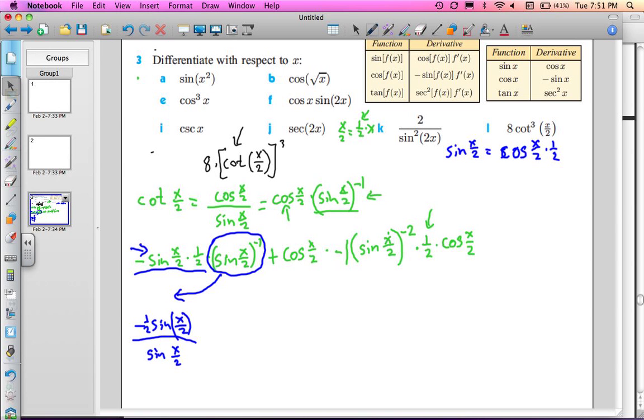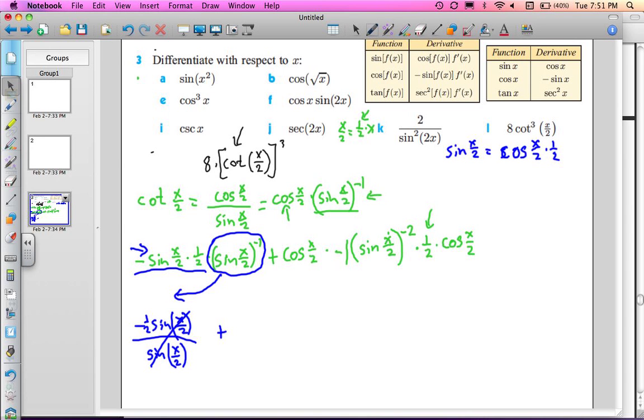I should really have parentheses around those. Now you could notice right away sine of x over 2 divided by sine of x over 2 is just going to end up becoming 1. So we're left with the negative 1/2 here.